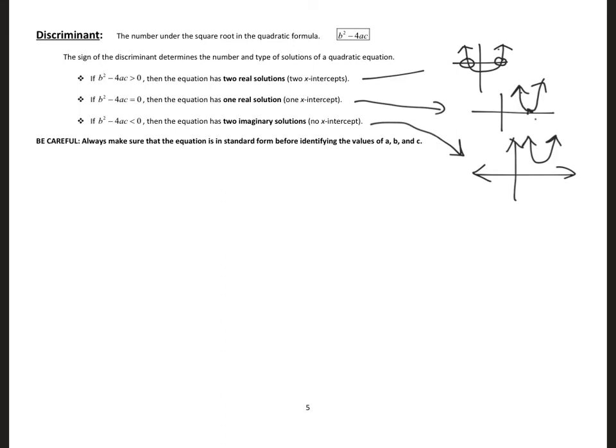Always make sure the equation is in standard form before identifying the values of a, b, and c. And let's look at an example here. What is the discriminant of the quadratic equation? So we identify a. Is it in standard form? Yes. So b is equal to minus 4, and c is equal to 1.